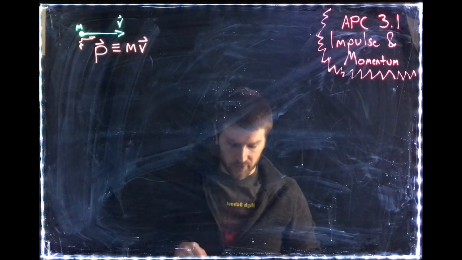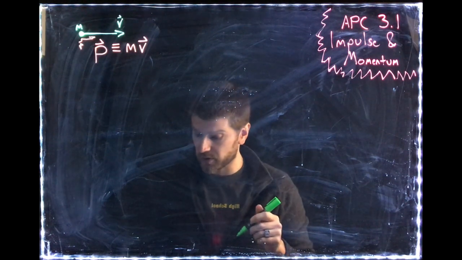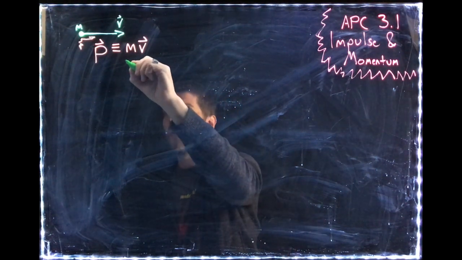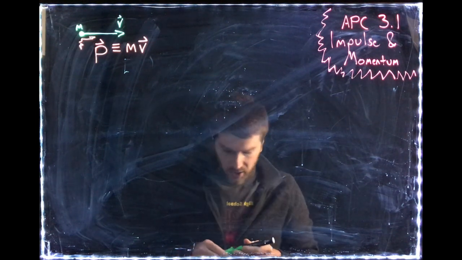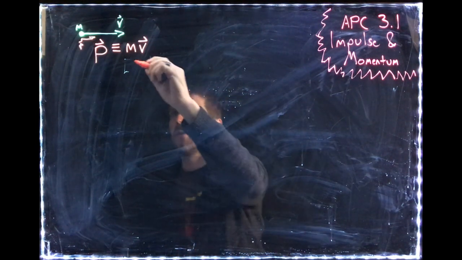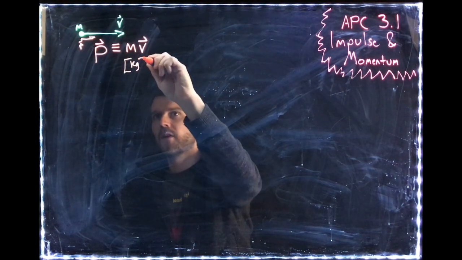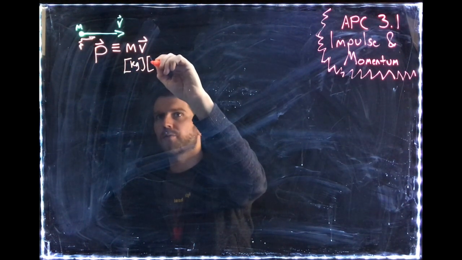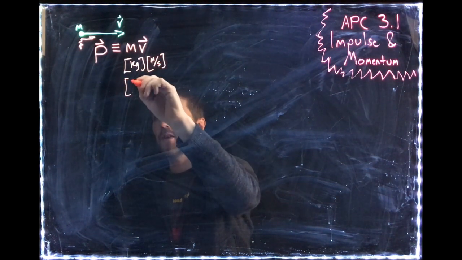It's worth asking ourselves whenever we get a new quantity what we can do with it. And one of the things we always want to start with is what are our units? Well, mass is in kilograms. Velocity is in meters per second. So we end up with units of kilogram meters per second.